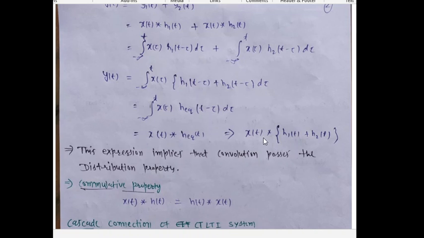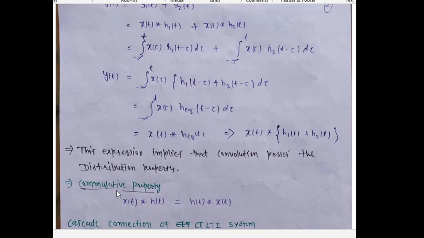Finally we can write x(t) convolved with h1 plus h2. So when a parallel connection is given, we can directly add h1 plus h2. This expression implies that convolution possesses the distributive property. So this is the proof of the distributive property.